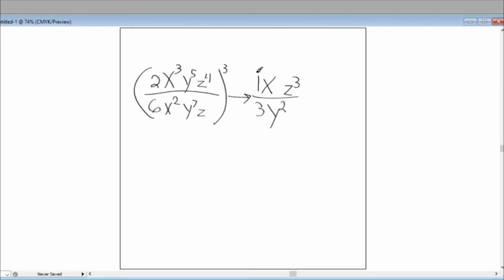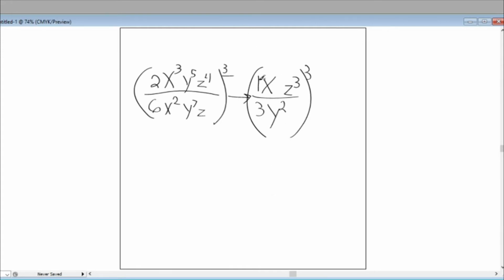Okay. So that's one part of this taken care of. But we have to remember that we also have something else going on the outside, and that is this exponent. It's still all being raised to the third power. What happens when we have these numbers all raised to the third power is everything separately gets raised to the third.